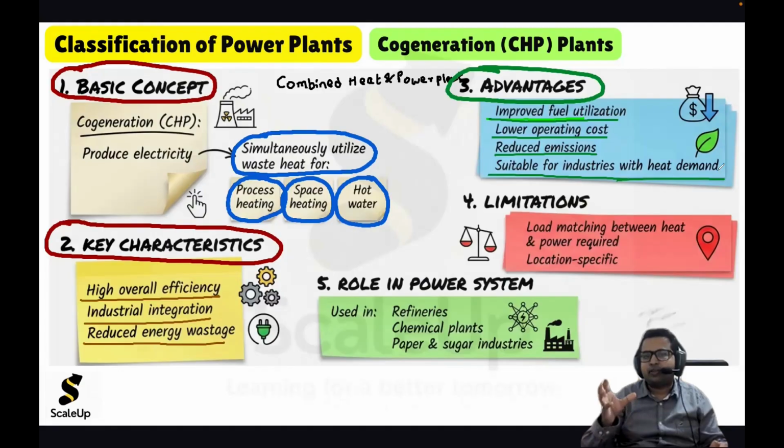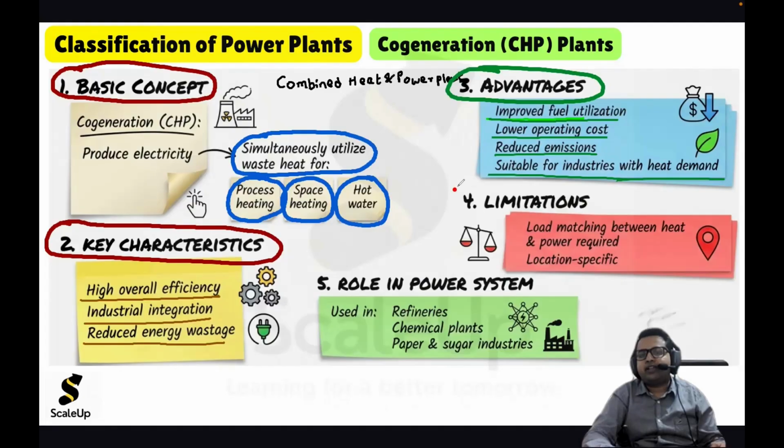So cogeneration power plants are integrated with the industries which generate lots of heat. So these power plants are suitable for industries with high heat demand. And the best thing about cogeneration power plants is that there is no need for us to burn fossil fuels. We can directly utilize the waste heat coming out from industries.